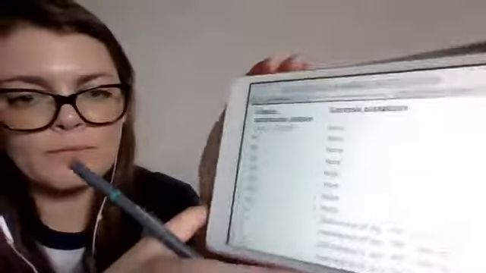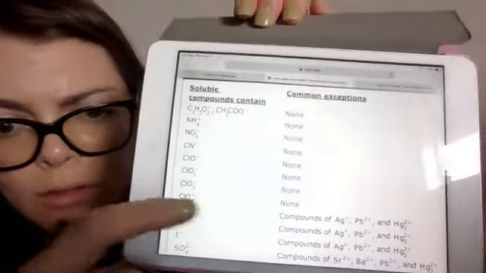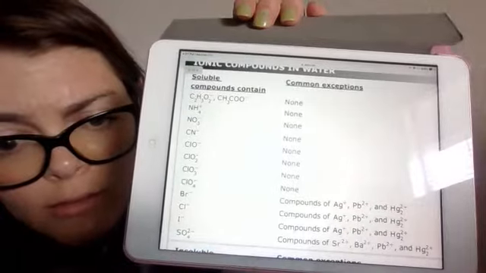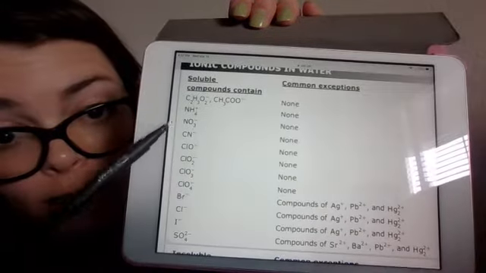Now the last one, let's look at AgBr, silver bromide, and we can see if that is going to be soluble or insoluble. So I find the anion, which again is the second thing written down, so in AgBr, that's going to be Br. Br is listed right here under soluble.